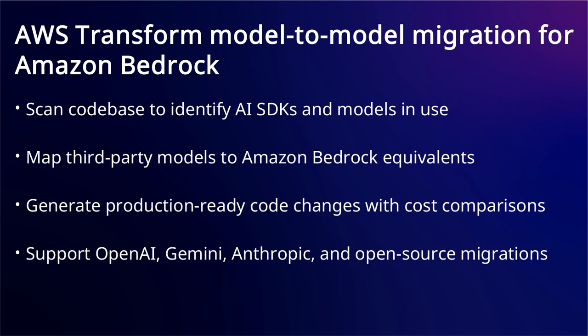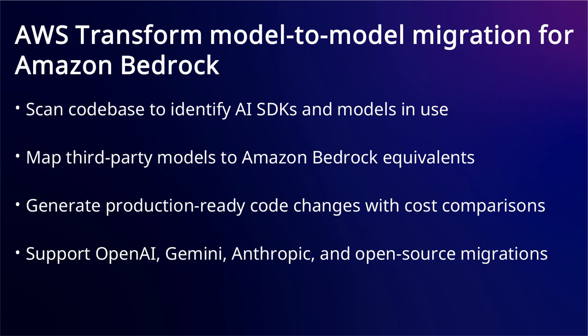It generates production-ready code changes while preserving your application architecture, swapping only the model layer. The transformation supports migrations from OpenAI, Google Gemini, Anthropic, and open-source models via LiteLLM or Ollama. For some workloads, it recommends Amazon Bedrock's OpenAI-compatible endpoints as a zero-code change path.